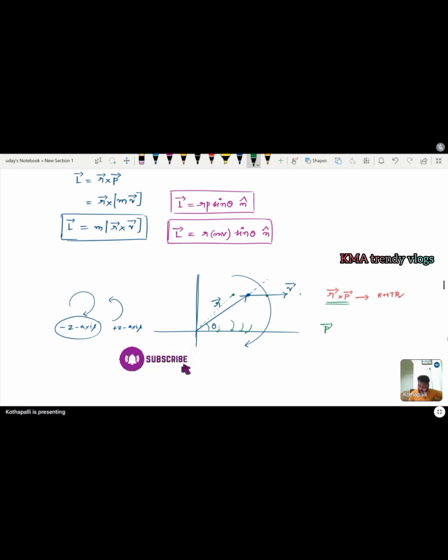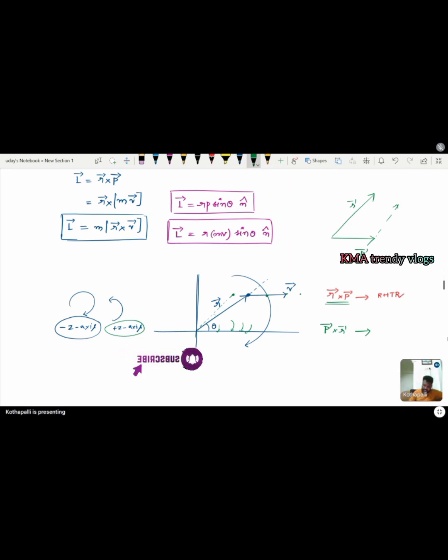If I take p bar cross r bar, for example, what is wrong with this condition? If you see now, the p vector is like this, the r vector is like this. So now apply p bar cross r bar. The first vector is in this direction, cross the second vector, like this. So rotate the fingers like this. How is it appearing? Out of the plane. Out of the plane gives plus z axis, which means it appears to be in anti-clockwise direction.